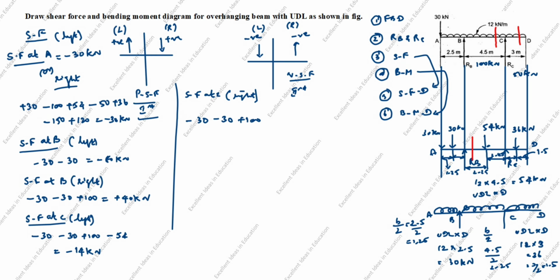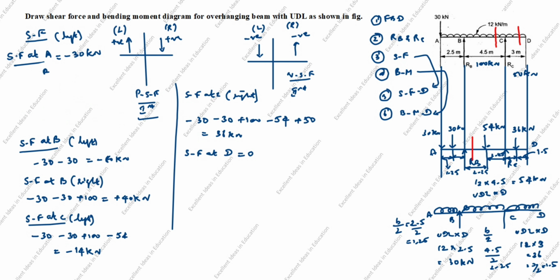Next arrow comes down, negative, minus 54. Next arrow goes up, positive, plus 50, equal to 36 kilonewton. Next, shear force at D is equal to 0.